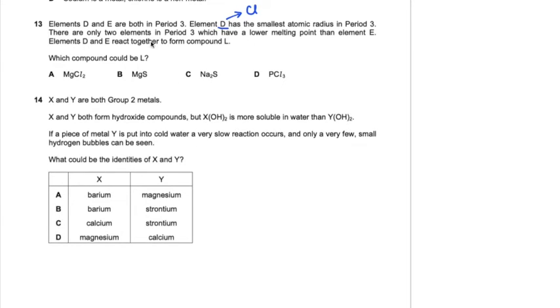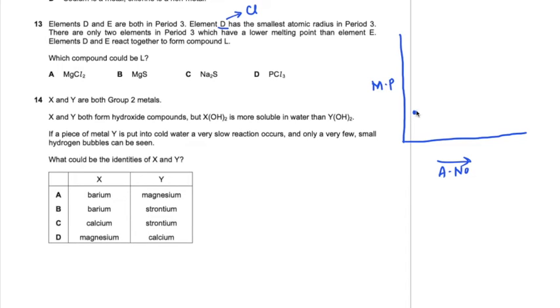There are only two elements in period 3 which have a lower melting point than E. Okay, E is another element, and its melting point is at the third position from the bottom. So look, on the y-axis there is melting point, and on the x-axis there is atomic number.